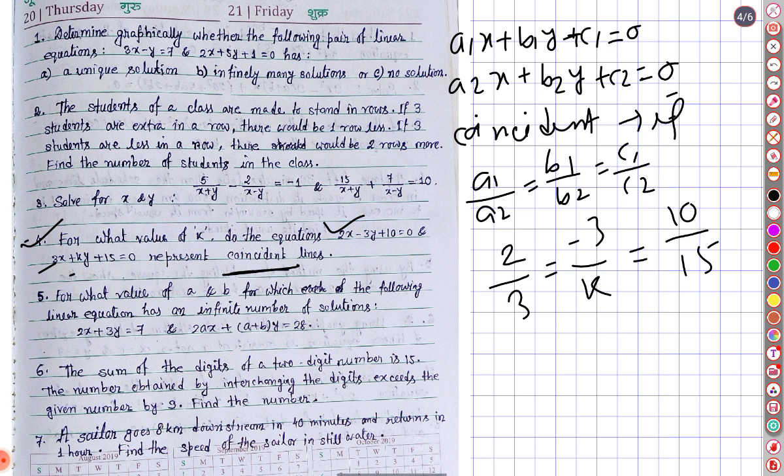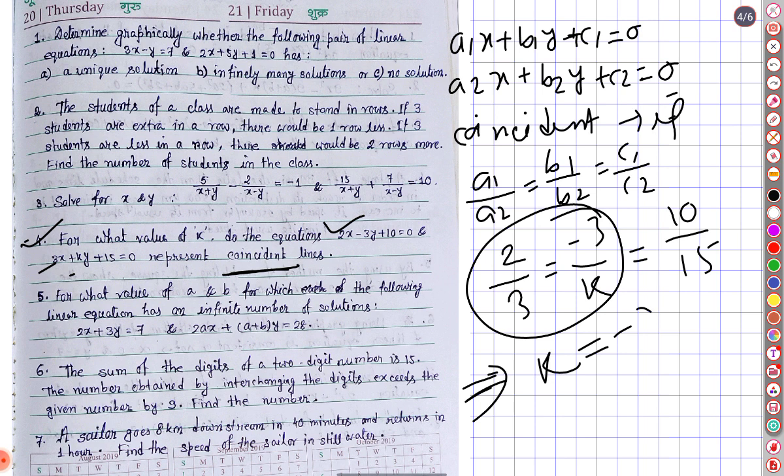If two lines are coincident, then all these ratios of coefficients will be the same. If you cross multiply, you easily get k is equal to minus 9 upon 2. If you cancel out, both are 2 by 3, this is 2 by 3 and this is also 2 by 3. So the value will be minus 9 upon 2.